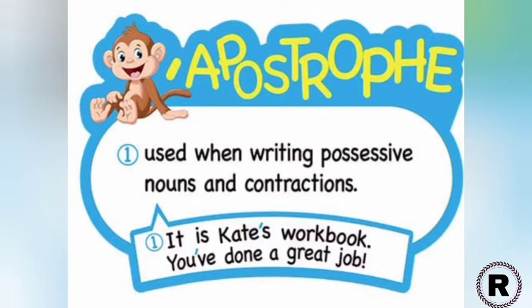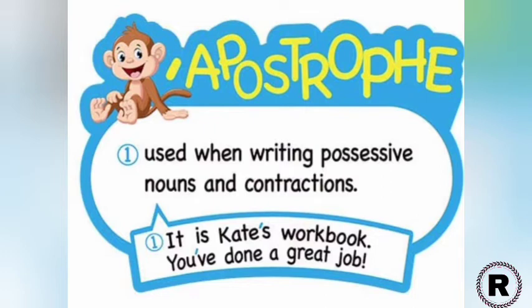Next is the apostrophe. That is also like a comma, but that we put always at the upper side. So the apostrophe is used when writing possessive nouns and contractions. When we have to show somebody's possession, when something is possessing something, to show that possession we normally use the apostrophe sign.